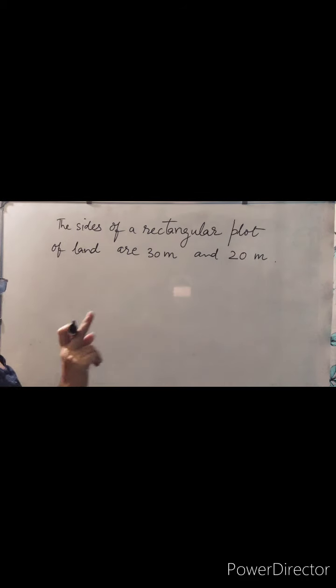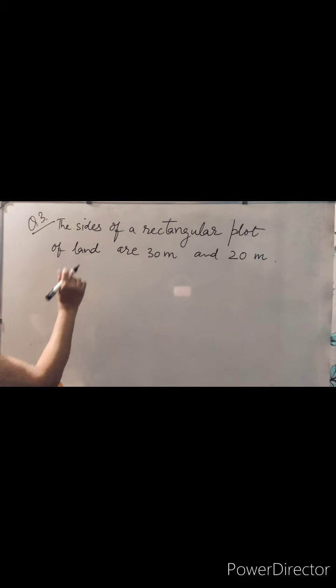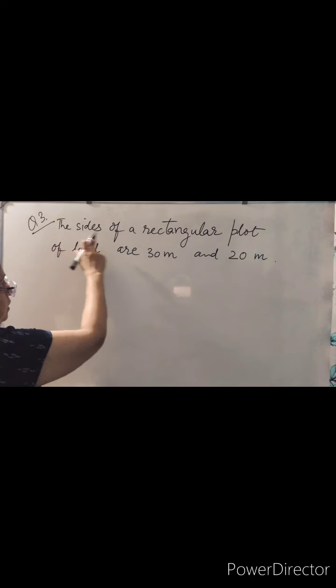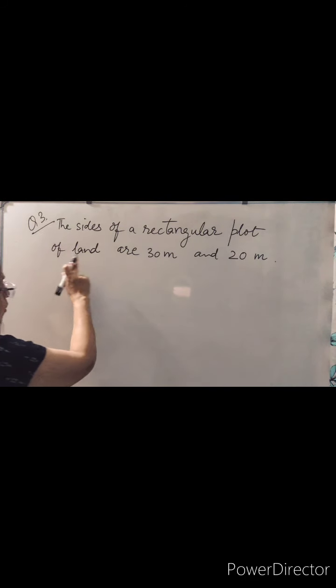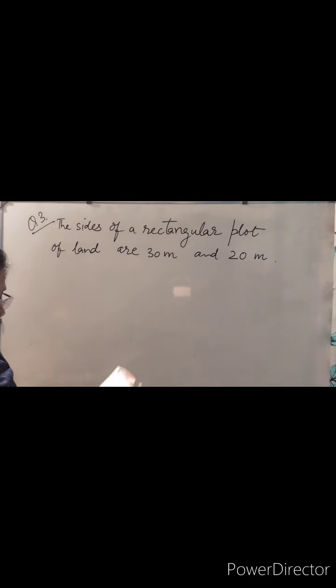Now, next I'm going to start question number 3. And in this question, the sides of a rectangular plot of land are 30 meter and 20 meter.